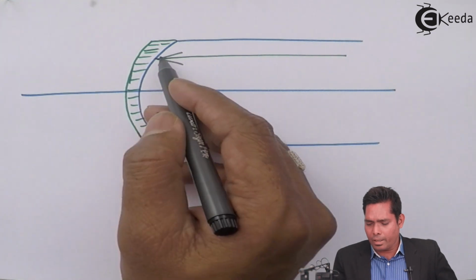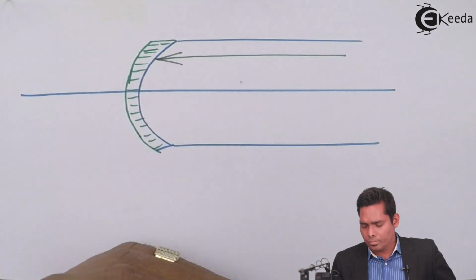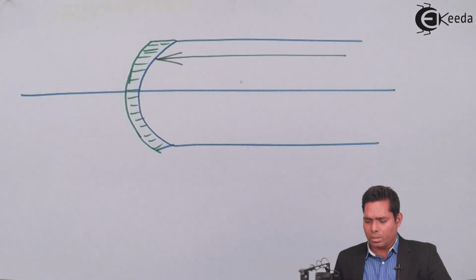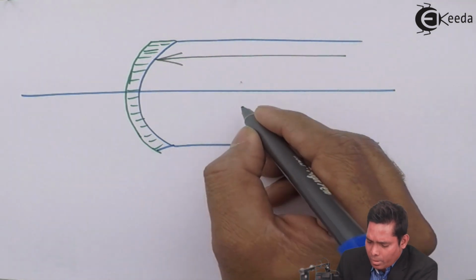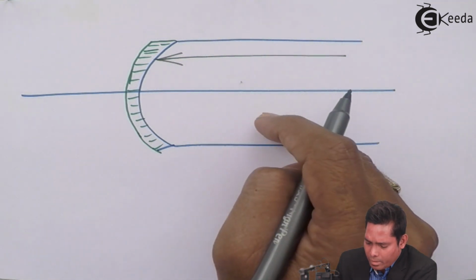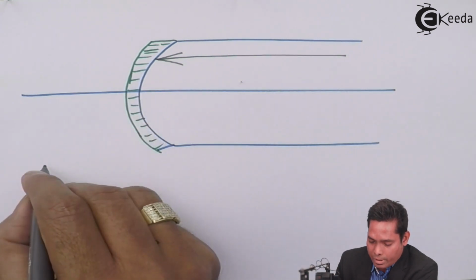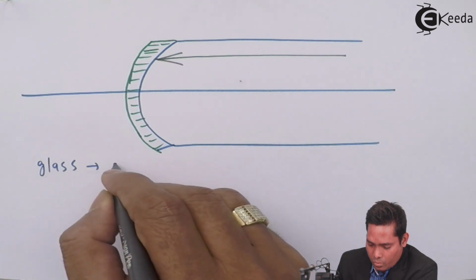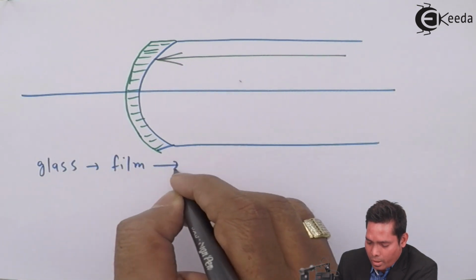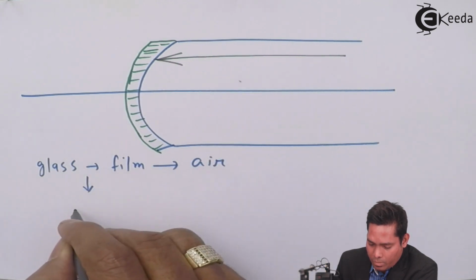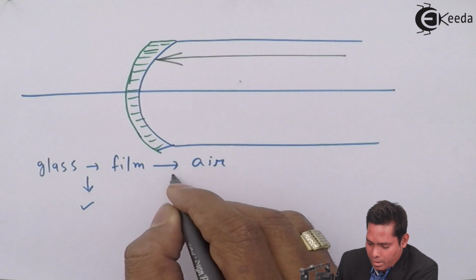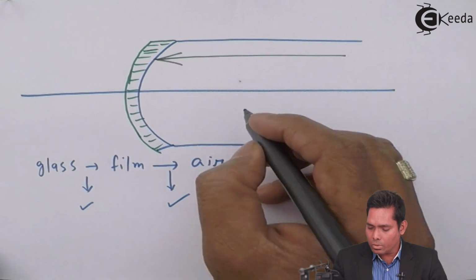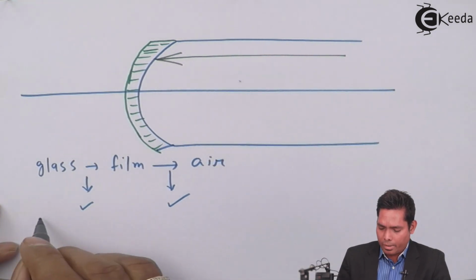If the rays are parallel, they are supposed to be focused over here. So in my case, this is N1 and this is N2. When the ray is traveling from glass to film and then to air, I'll apply one formula here, then here also I'll apply the formula. So twice I'll apply the formula.